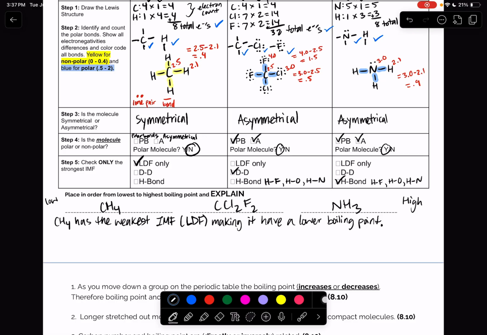And then the next compound, CCl2F2, has a dipole IMF, which is stronger than LDF, but not as strong as an H bond.